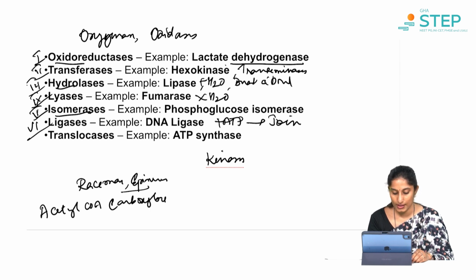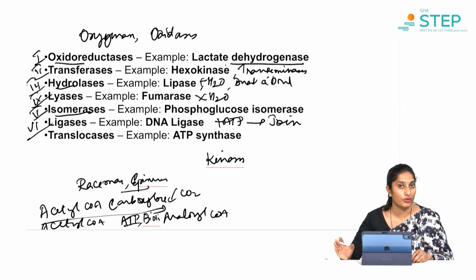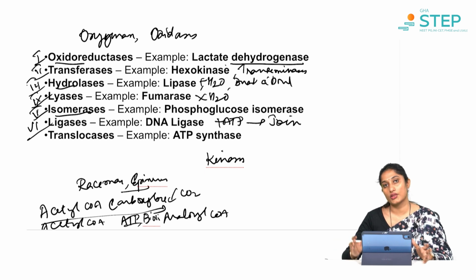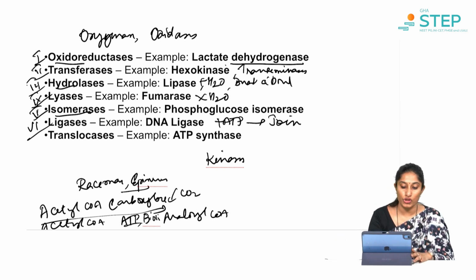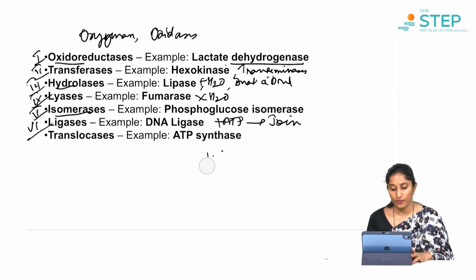What does this enzyme catalyze? It catalyzes the conversion of acetyl-CoA to malonyl-CoA. This requires ATP, biotin and carbon dioxide. ATP, an energy molecule, is needed here, and there is no transfer of a group. Such enzymes which use ATP are called ligases.